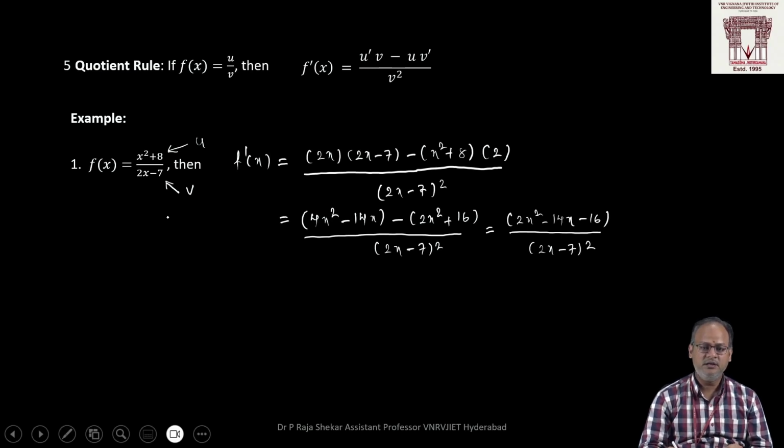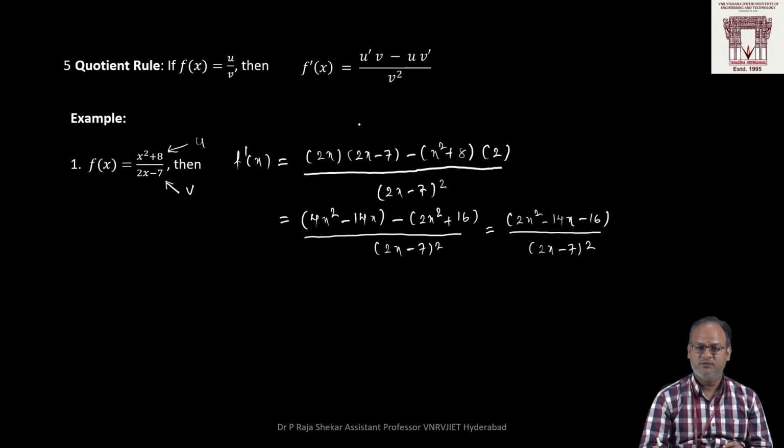So what we have done, in order to differentiate x square plus 8 divided by 2x minus 7, is apply the quotient rule, which is u by v whole dash equals u dash into v minus u into v dash, divided by v square, u being the numerator, x square plus 8, and v being the denominator, 2x minus 7.